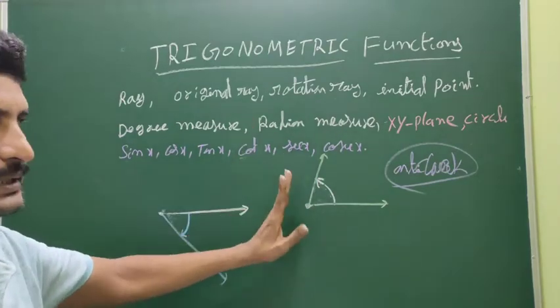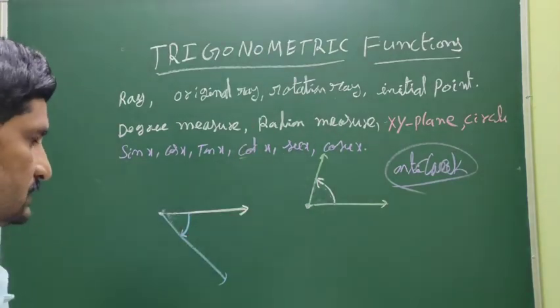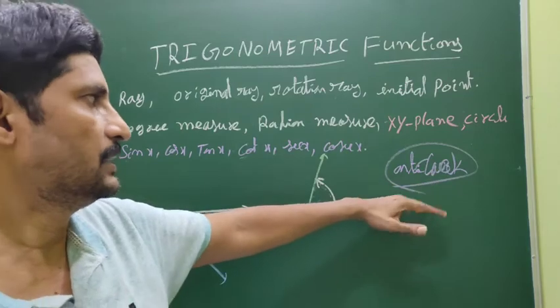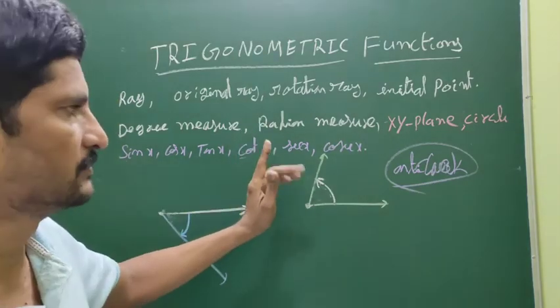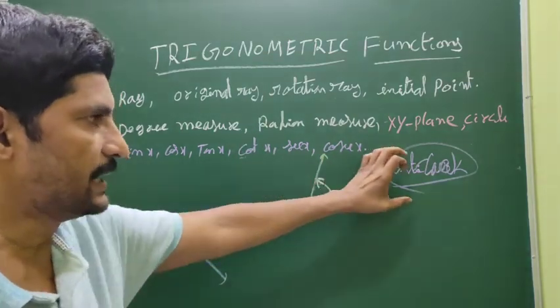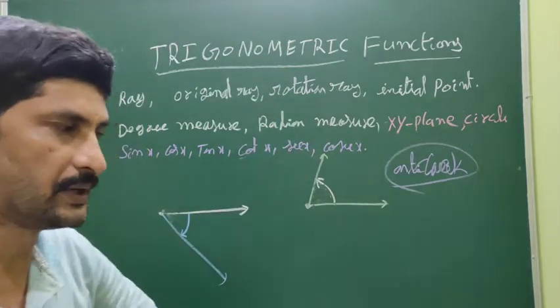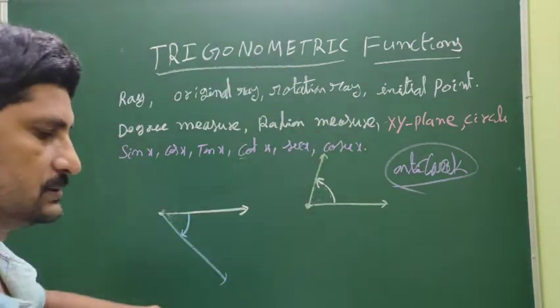Anti-clockwise direction angle. This angle is counted in the anti-clockwise direction, so this anti-clockwise angle is a positive angle.